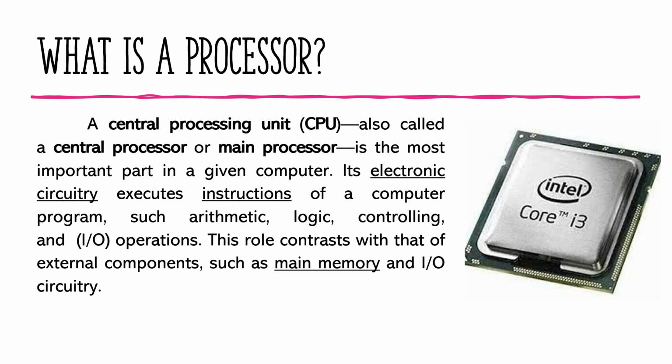Its electronic circuitry executes instructions of a program such as arithmetic, logic, control operations, as well as input-output operations. This role contrasts with that of external components such as the main memory and the input-output circuitry. And you can see to the right of the screen how a processor looks. What you see here is an Intel Core i3 processor.